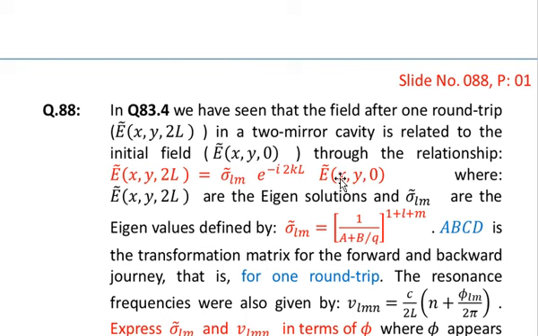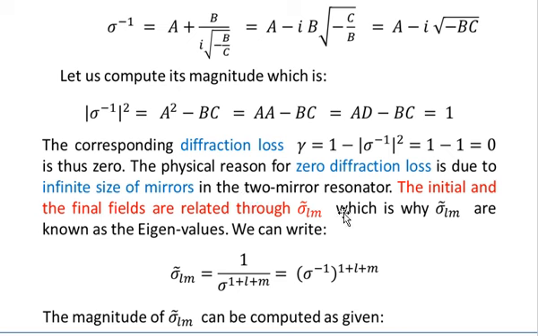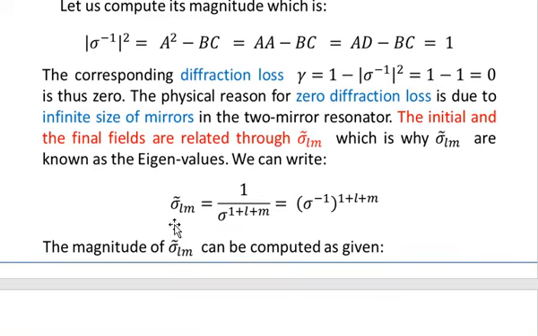So the initial and the final fields are related through sigma prime Lm, which is why sigma prime Lm are known as the eigenvalues. We can write sigma prime Lm is equal to 1 over sigma raised to power 1 plus L plus M, and that can also be written as sigma inverse raised to power 1 plus L plus M.